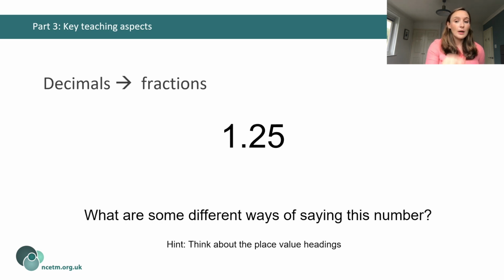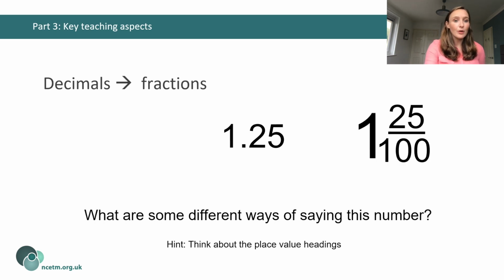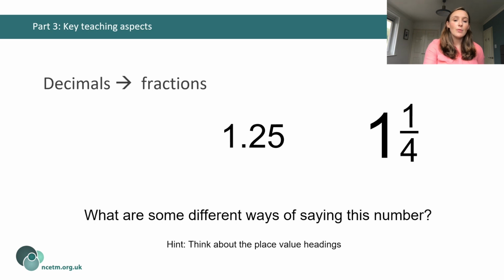I might also look at numbers over 1. So, numbers greater than 1, how can we write 1.25 as a fraction? So we've got 1 whole and 25 hundredths, which can be simplified to 1 1/4. I might also give questions like 0.07, just getting them to think about the phrase, how can we say this in a different way?